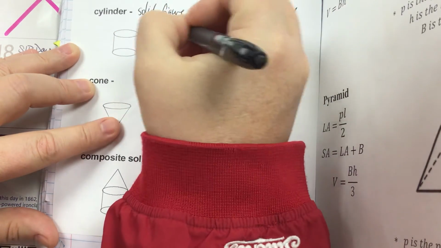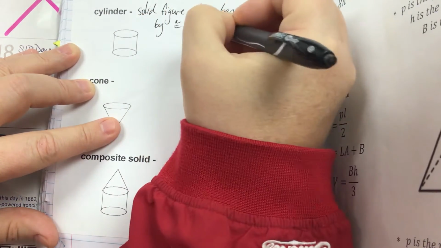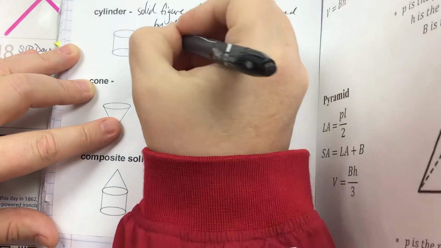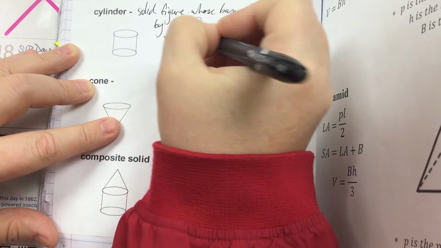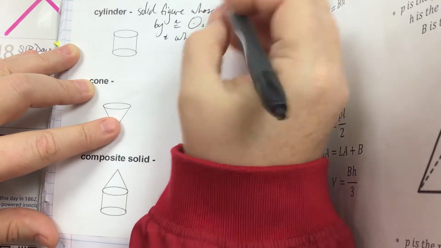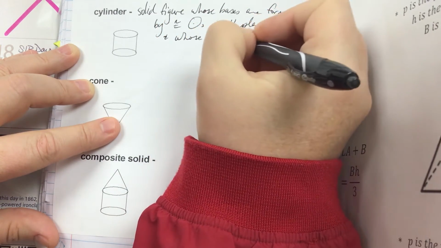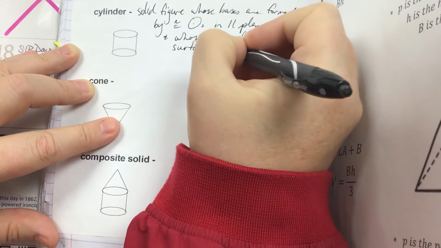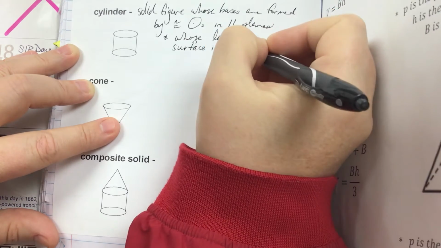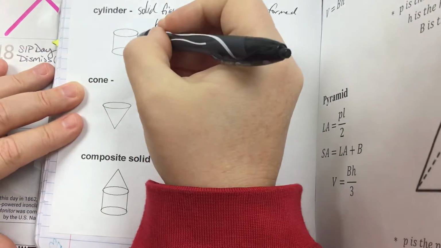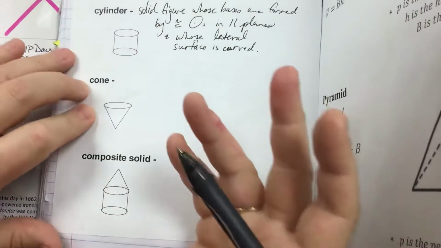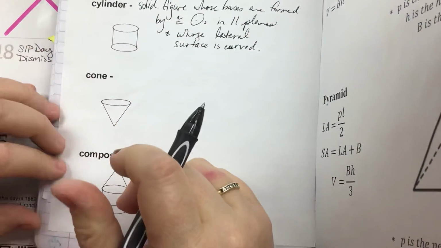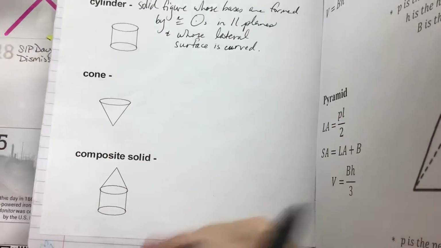They are congruent circles in parallel planes, and their lateral surface is curved. If you would actually make a cut here and flatten it out, it turns into a rectangle. But again, it's curved. Think about your soup cans or your vegetable or maybe your soda can.